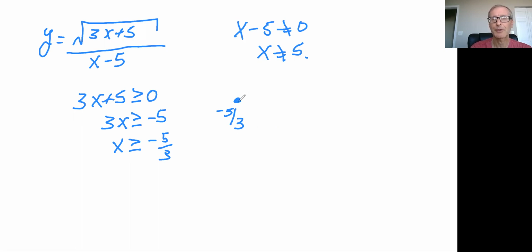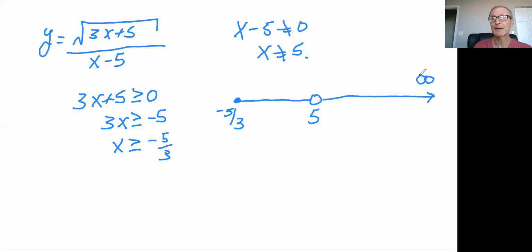And so we want to go all the way to infinity, because greater than means we're going to the right. So we're going to go to positive infinity. But we have to put a hole in where this 5 is. So you put a hole right here at 5, and then you keep going all the way to infinity.